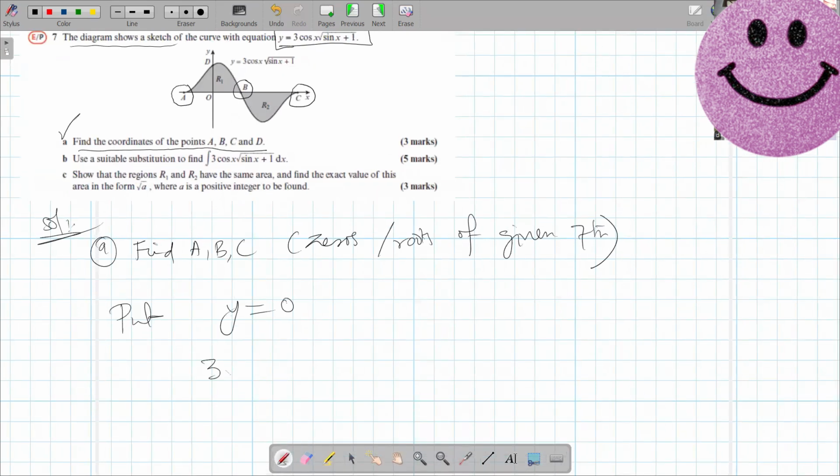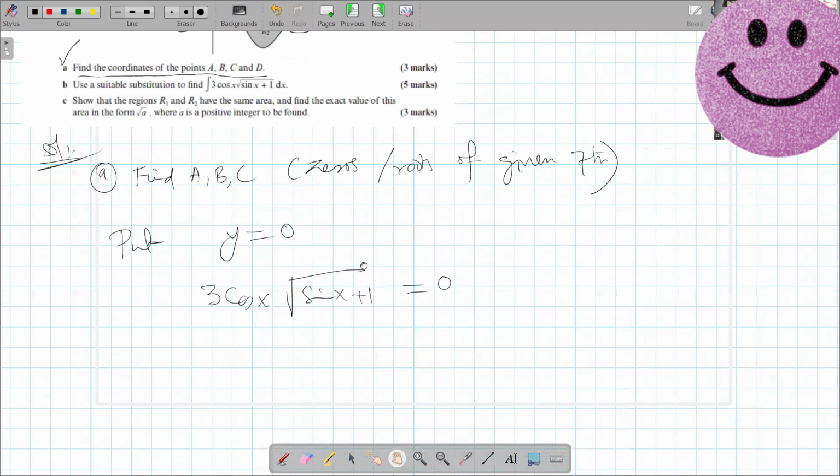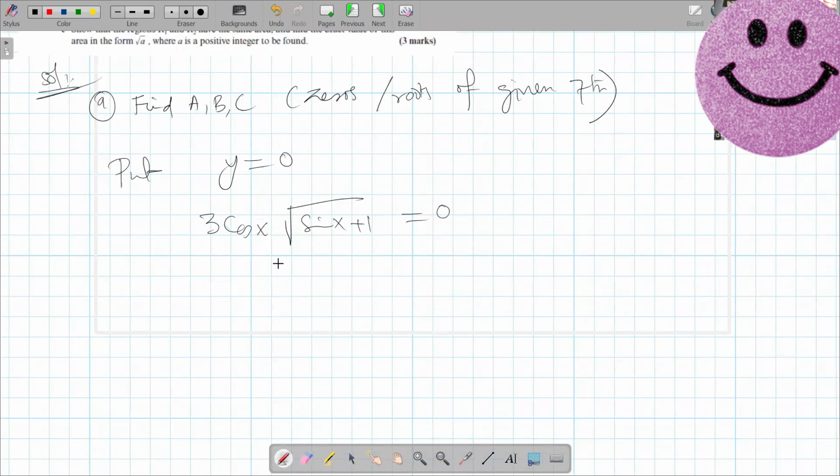This is the method: cos x times the square root of sin x plus 1 equals 0. So we will say that the product is 0. It means either cos x is 0 or sin x plus 1 is 0.